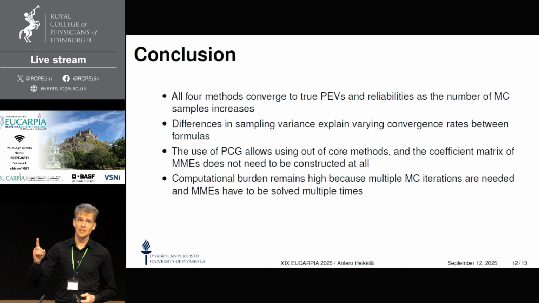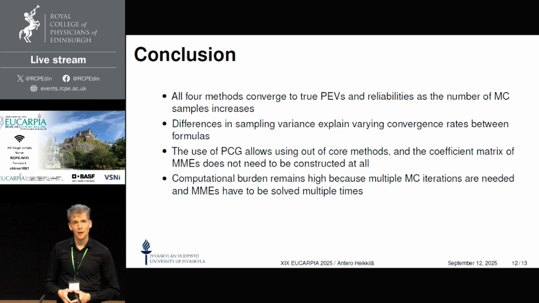The first is that we get consistent approximations of PVs and reliabilities. The second is that we do not have to invert the huge coefficient matrix. The third benefit is that when we use the PCG algorithm for predicting random effects, we do not even have to store the huge coefficient matrix in our RAM memory.